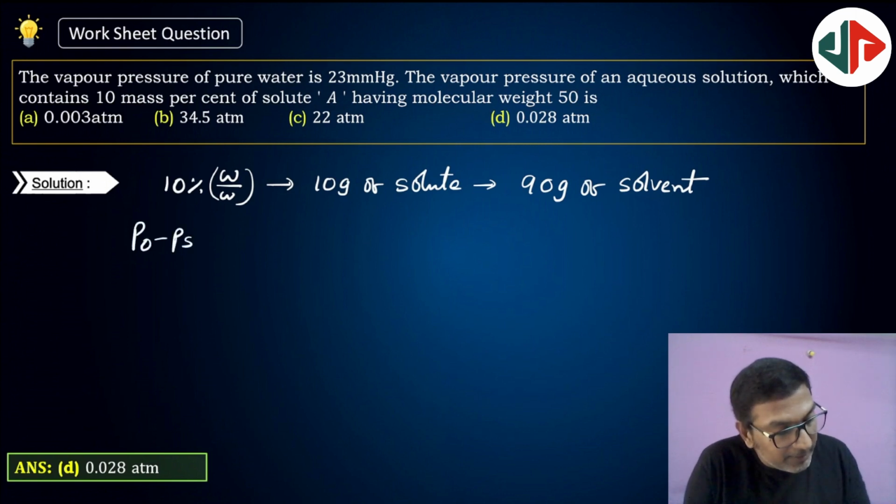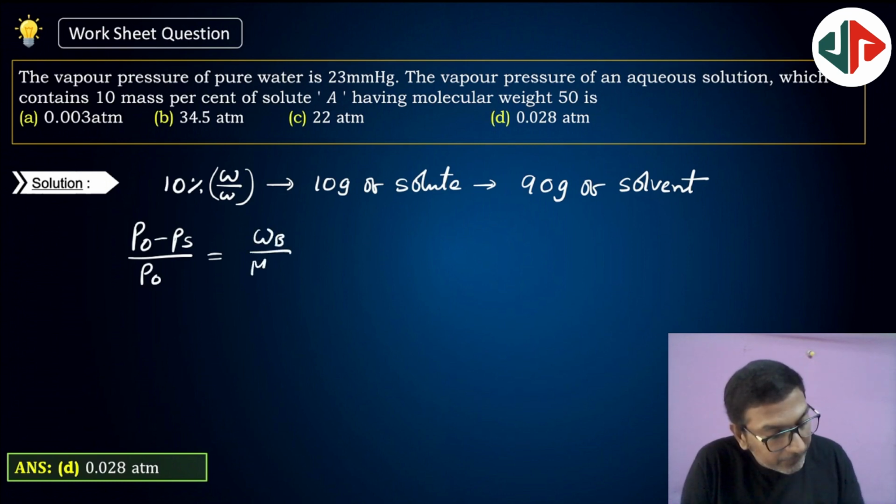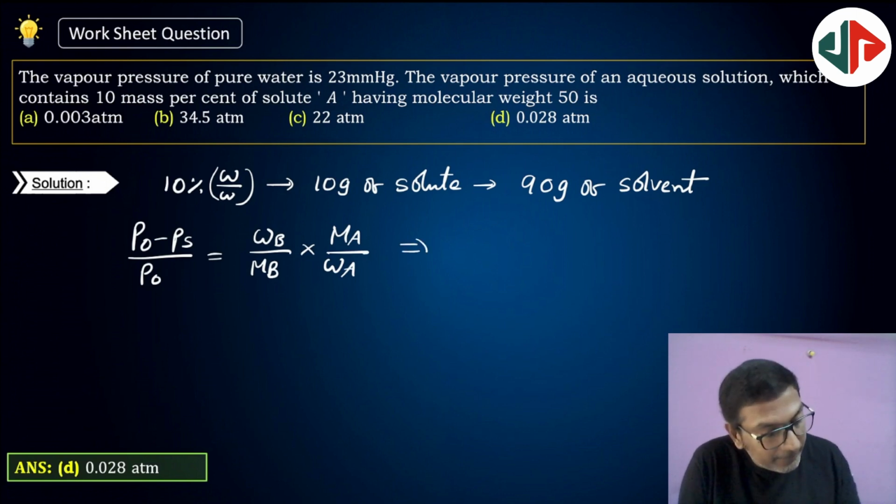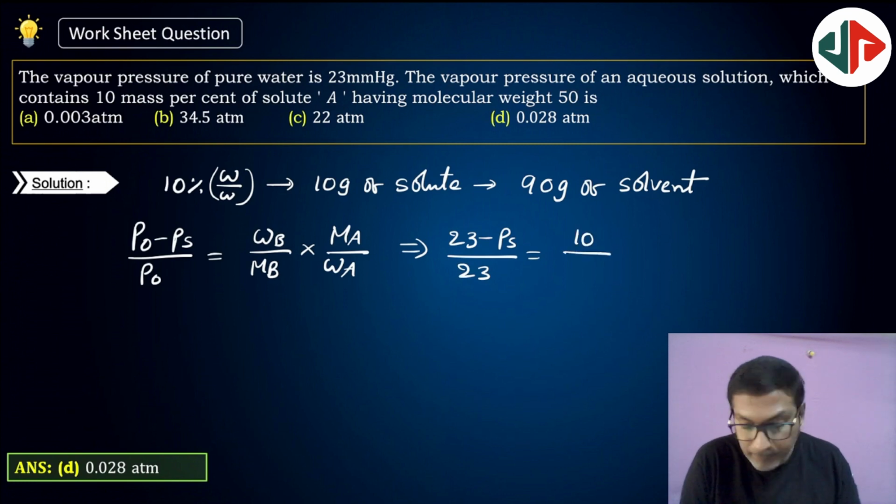Therefore, relative lowering of vapor pressure P0 minus Ps by P0 equal to Wb by Mb into Ma by Wa. So W means weight, M is molecular weight. Therefore, from this P0 is 23 given, Ps by 23 equal to weight of solute Wb 10 by molecular weight 50 into molecular weight of water 18 by 90.